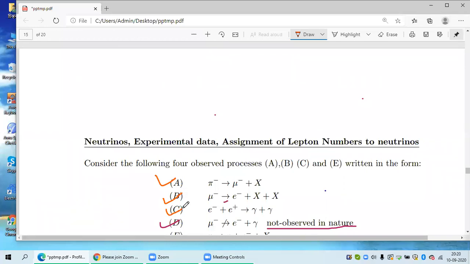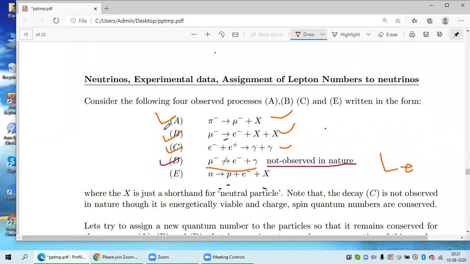That has not been checked yet, because you introduced the new quantum number looking at non-conservation in this reaction. But once you have introduced LE, it has to be conserved in the other three also, so that these reactions can happen. So LE should be assigned in such a way that it is conserved in A, B, C. Do you follow? You have to revisit again and check with LE.